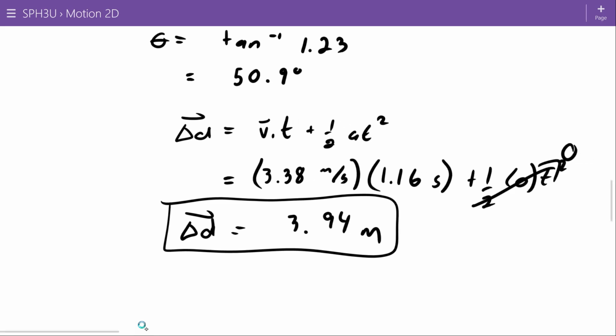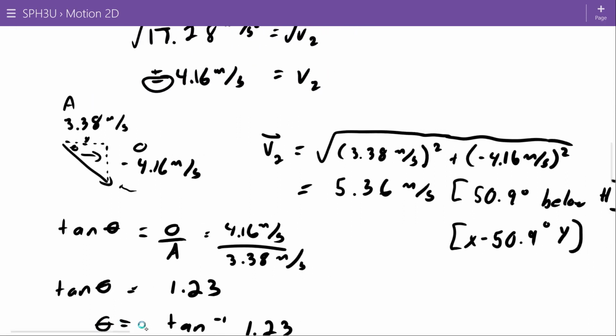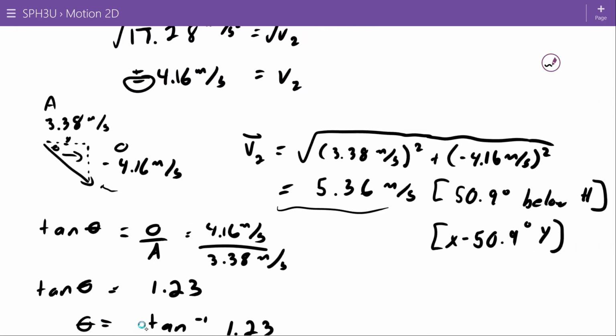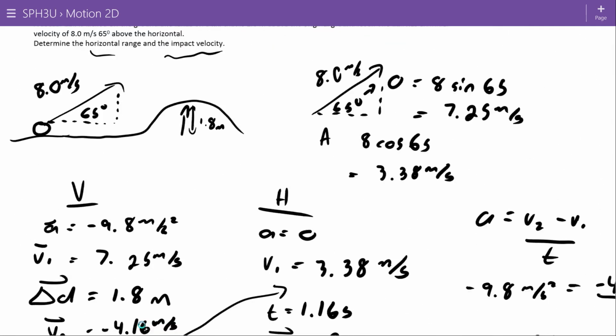A quick note here, I nearly forgot to say this for the other video as well. Your impact velocity here was 5.36 meters per second. Your initial velocity was 8.0 meters per second. So in previous questions, I feel like we said that the impact velocity and the initial velocity for projectiles is the same.